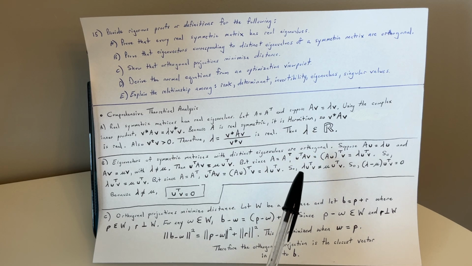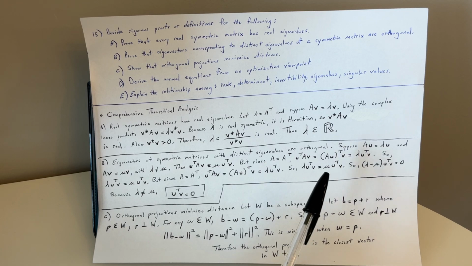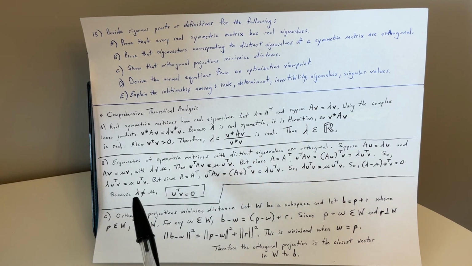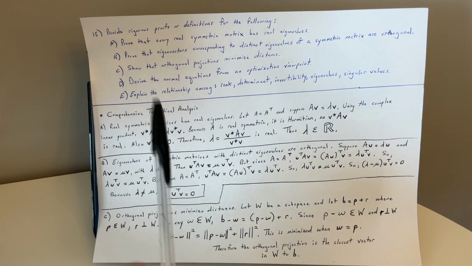So lambda u transpose v equals mu u transpose v. So the quantity (lambda minus mu) u transpose v equals 0. Because lambda cannot equal mu, u transpose v equals 0. I am going through this rather quickly, so you have this as a reference.